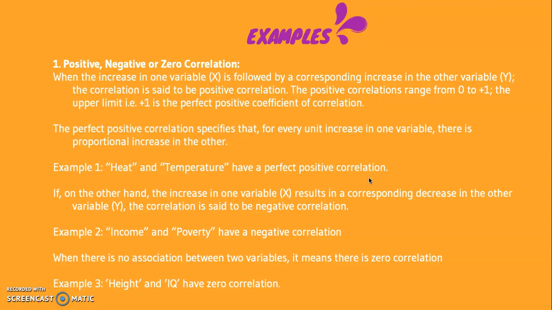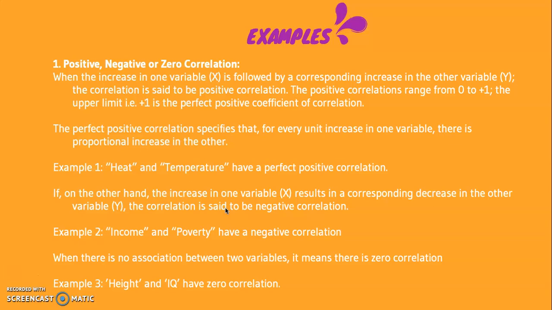On the other hand, the relationship between income and poverty has a negative correlation. When you earn more income, the level of poverty that you're likely to experience as an individual will begin to reduce.